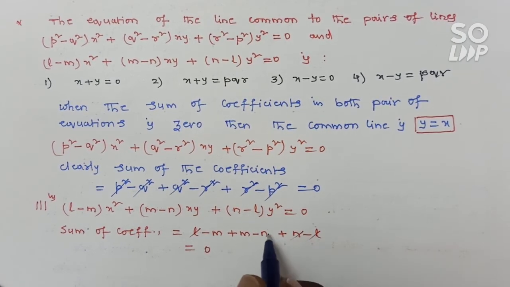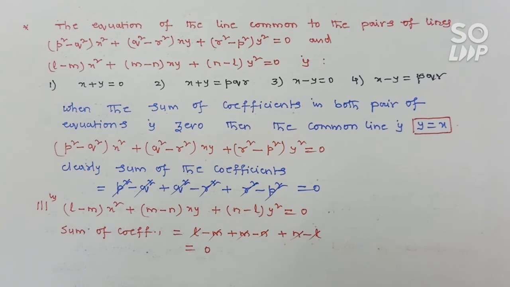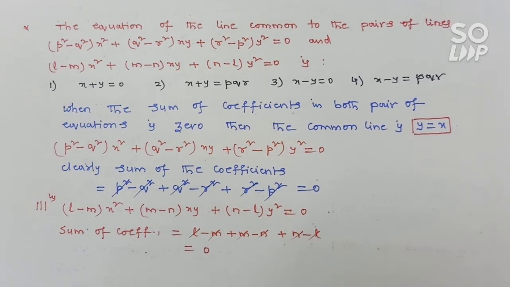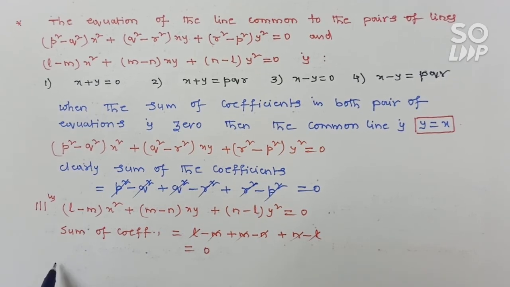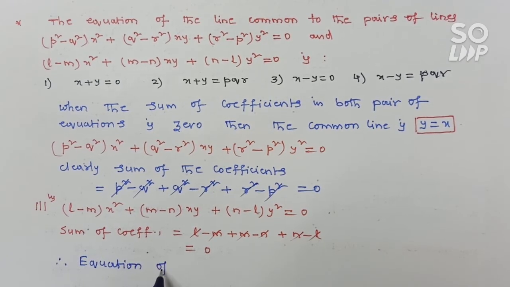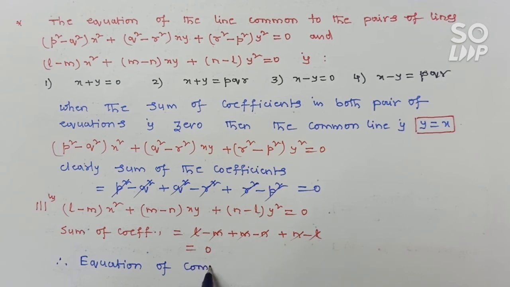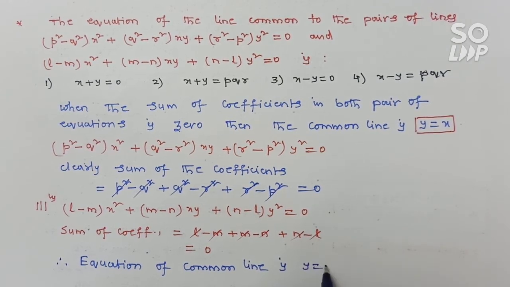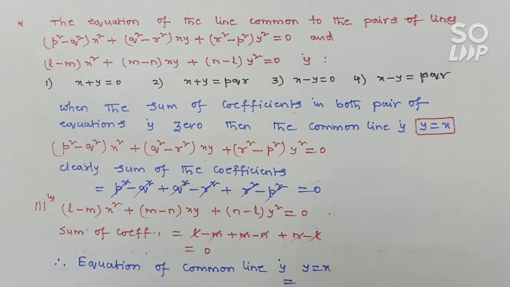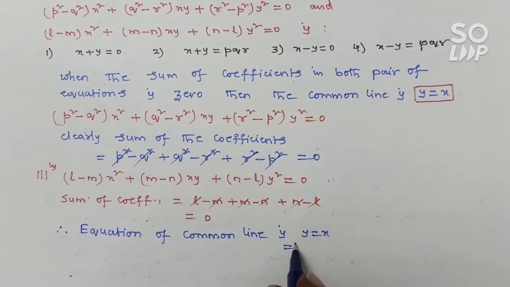So in both given equations, the sum of the coefficients is equal to 0. Therefore, the equation of the common line is y equals x. That implies x minus y equals 0.